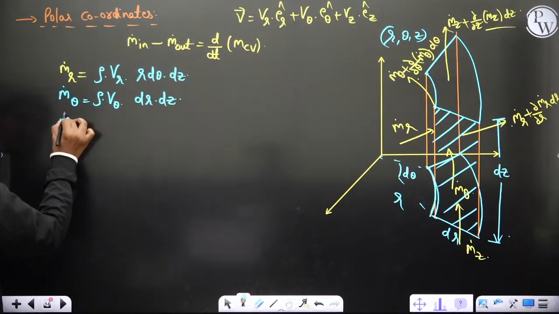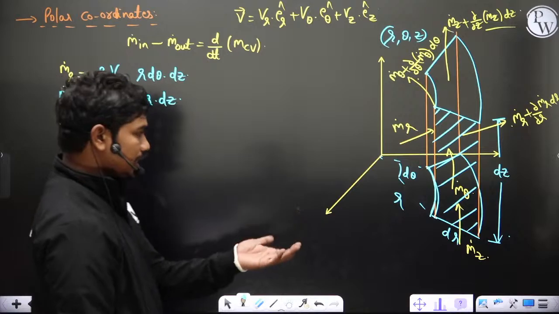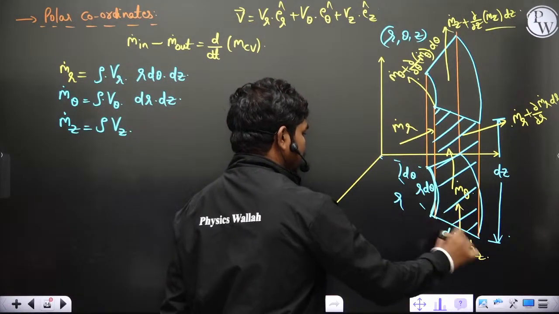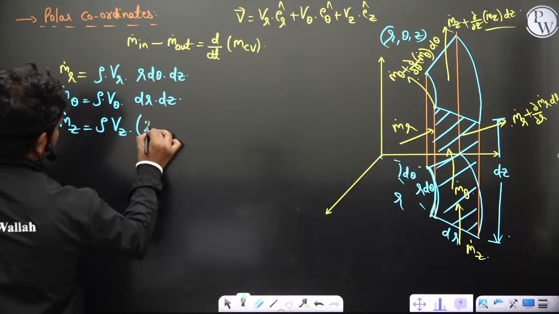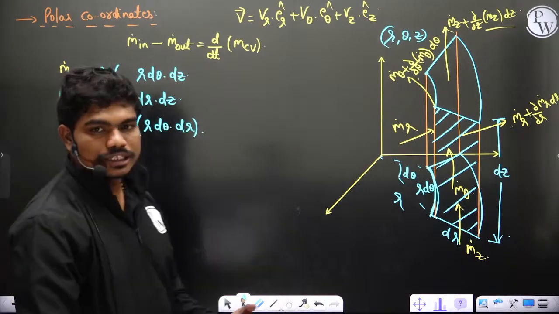And m dot z is equal to rho vz into the base. If you take the base, this is r times d theta and this is dr, so r d theta dr is the base. So this is the expression.